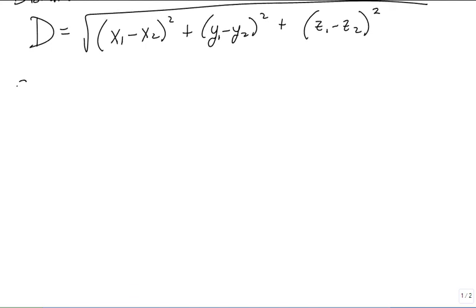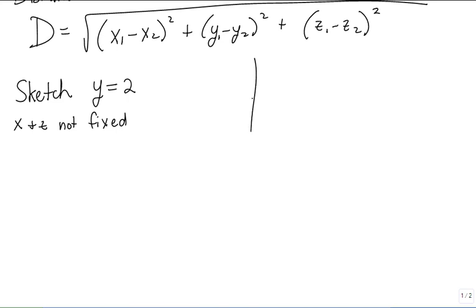Now, here we have planes in 3 space. So if we sketch y equals 2. In 2 space, that's just a horizontal line at 2. But this is 3 space. So that means x and z are not fixed. X and z can be anything. But y is stuck at 2. So here's z, here's y, and x is coming straight out at us. Y is 2, but x can be anything. So this can go forever. And z can be anything in both directions.